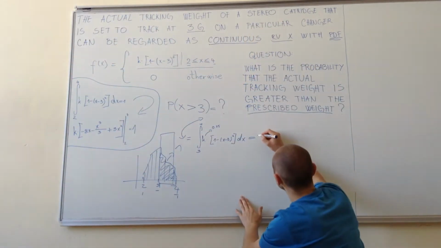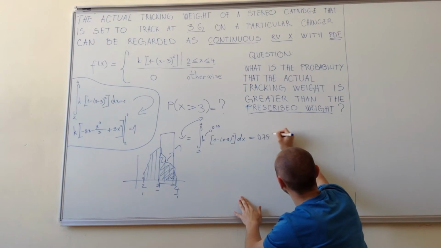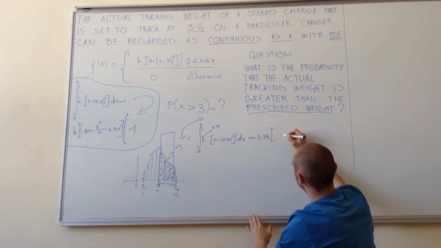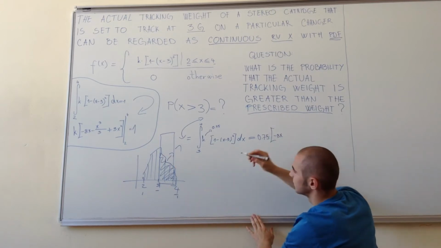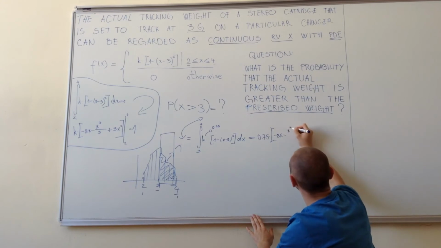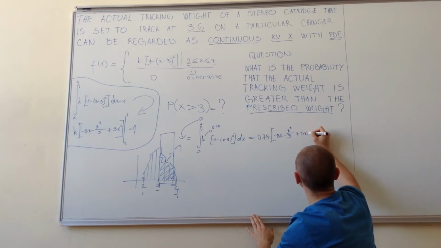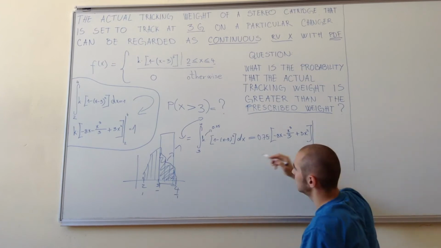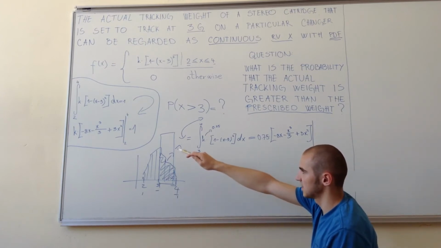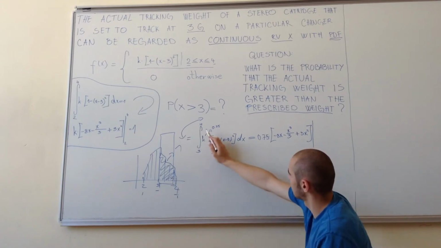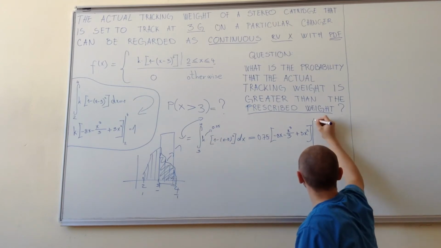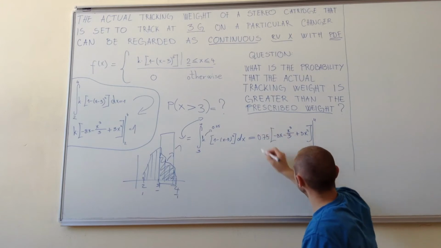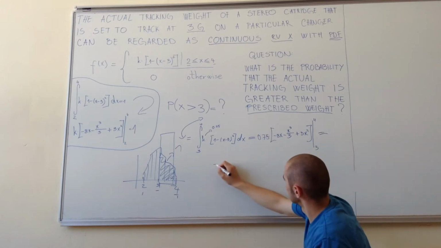So k, which is 0.75, times minus 8x minus x cubed over 3 plus 3x squared. And now what will change actually is the limit. So we know in the first case the limits were 2 and 4, and now our limits are 3 and 4. And now we will just calculate this part for these limits.